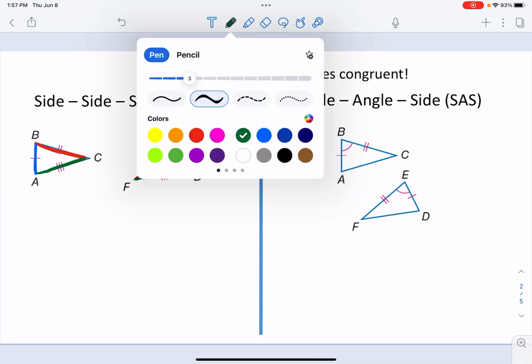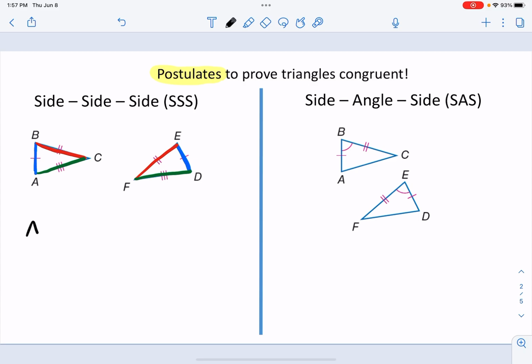And remember our congruence statement: let's start with triangle ABC is congruent. Now remember how I name things is important. So side AB is congruent to side ED or DE. But I have to name this correctly.